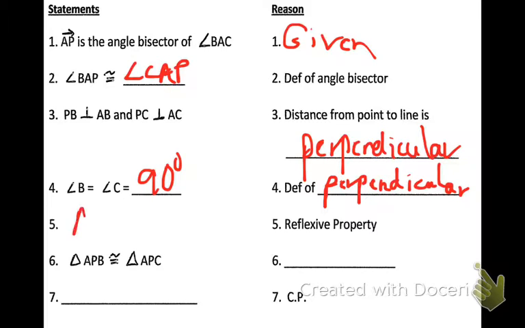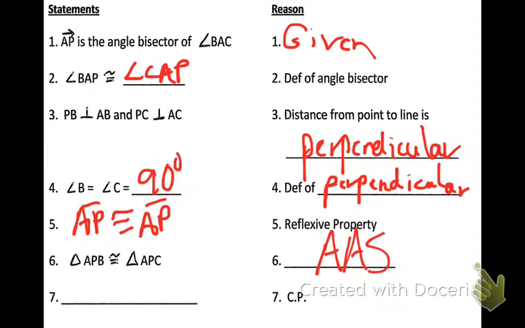Yeah. AP is congruent to AP. That's reflexive property. So then we have triangle APB is congruent to triangle APC. How do I know that? Which shortcut is used to show the two triangles are congruent? Hopefully you've marked your figure as we've talked about it. Jake? Angle, angle, side. That's angle, angle, side, right.